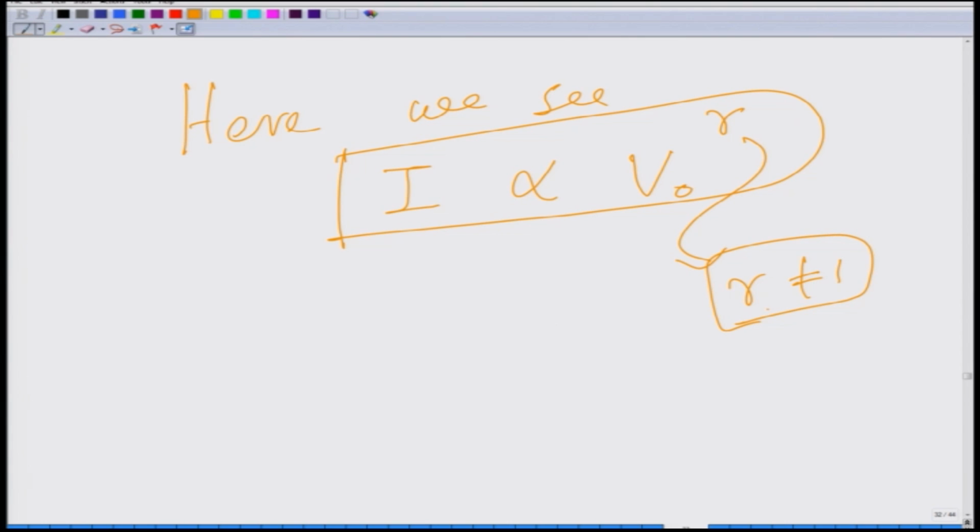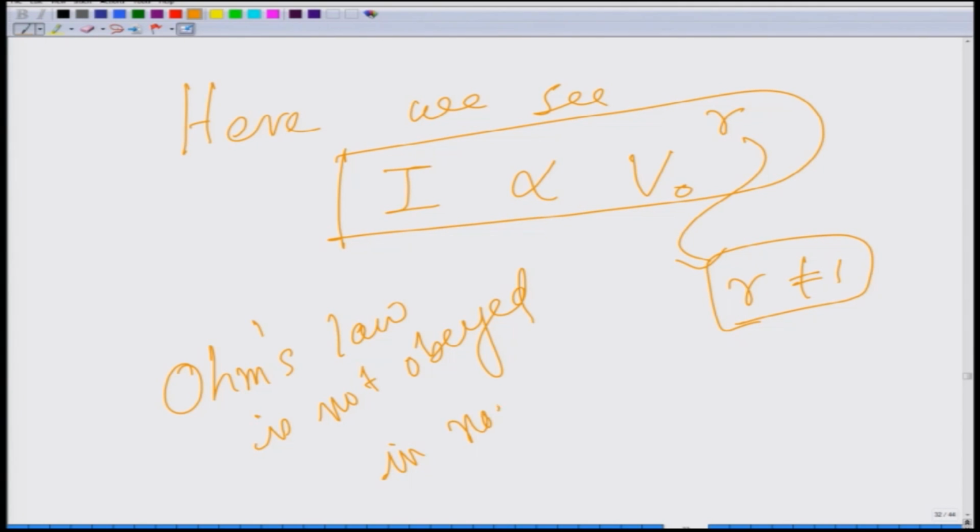If it was 1, then Ohm's law would be obeyed, but you can see that Ohm's law is not obeyed in non-linear devices like the vacuum diode. It's a very good example of a non-linear device.